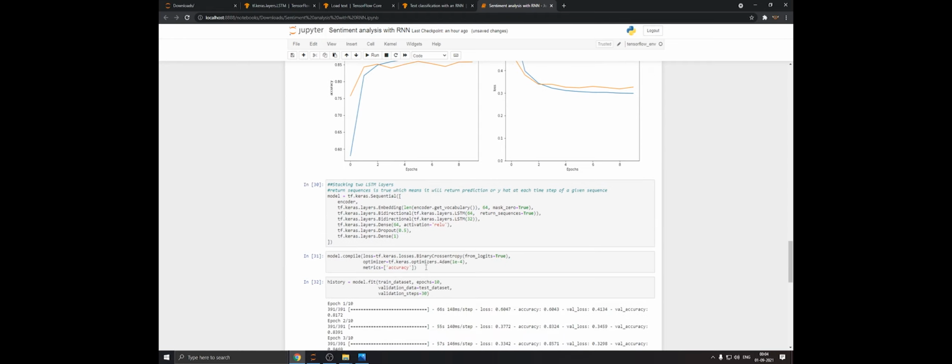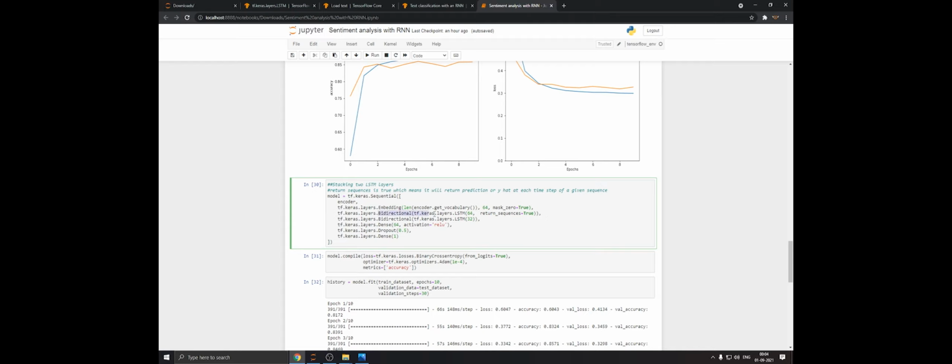Now we can also stack one or two LSTM layers, as we can see here. We have the same encoder layer, the text vectorization layer, and then the embedding, passing the length of the vocabulary here, which is 1000. 64 will be the number of units, and mask zero is just for padding purposes.